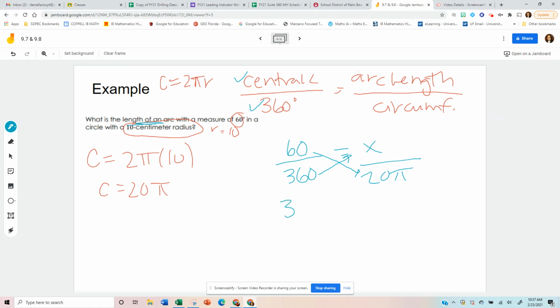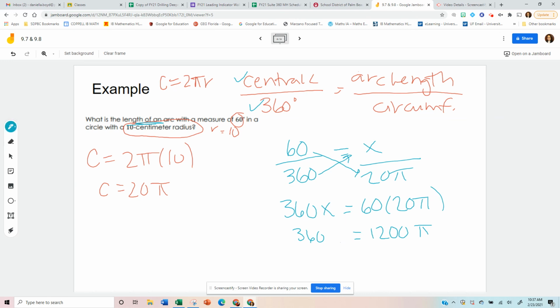I get 360x is equal to 60 times 20 pi, right? And so then that gives me 360x is equal to 60 times 20 is 1200 pi. Oops, this was supposed to be an x. I got so excited with the pi's.